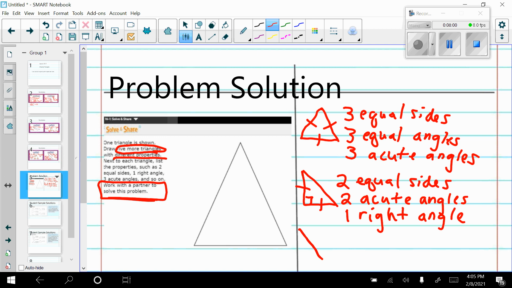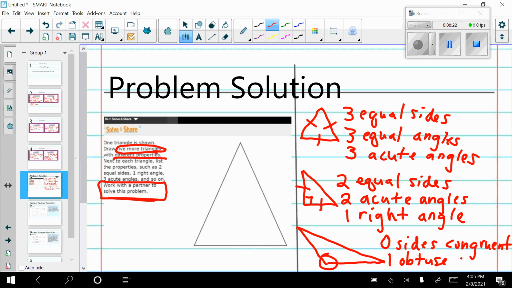Okay, moving on to my third one. This is a scalene triangle with an obtuse angle. So it has 0 sides congruent, 1 obtuse angle, and 2 acute angles. Okay, gonna draw another one. Here, another one.